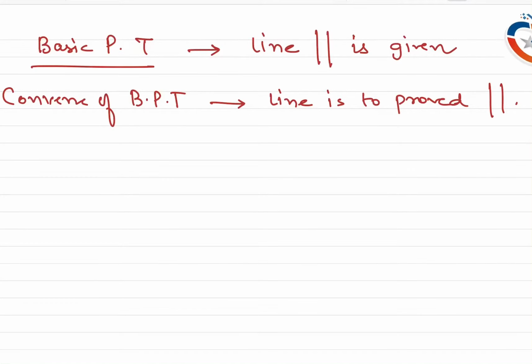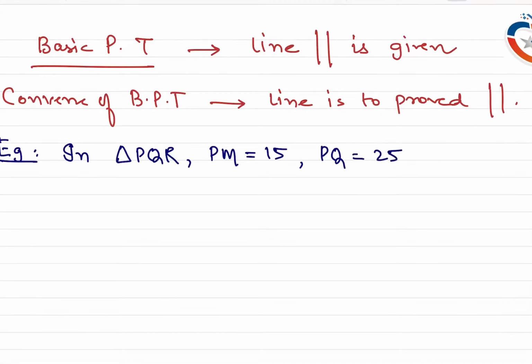We can solve one example on converse also. Let's take one very simple example. So suppose they give you a question in triangle PQR, suppose they have given PM is equal to 15, PQ is equal to 25, PR is equal to 20, and NR is equal to 8.